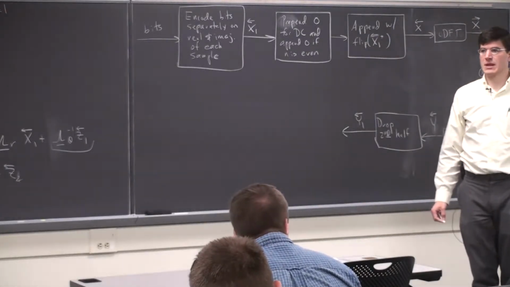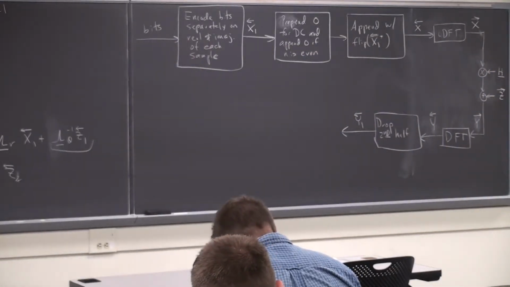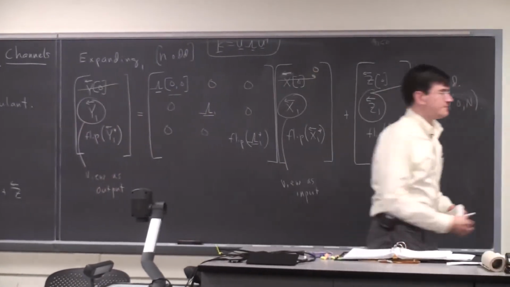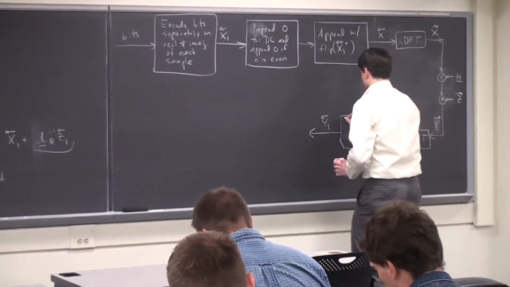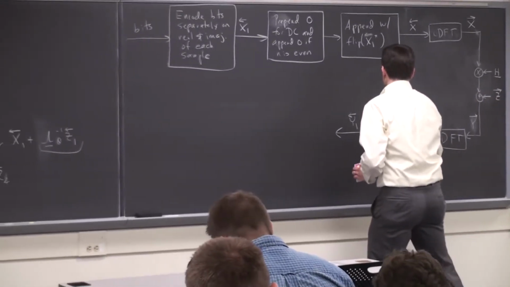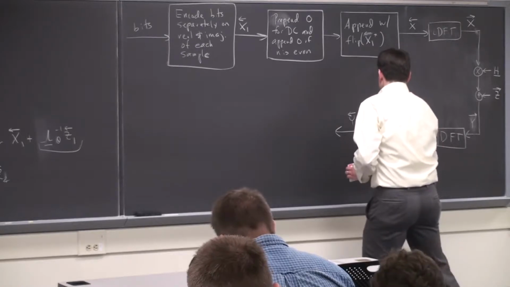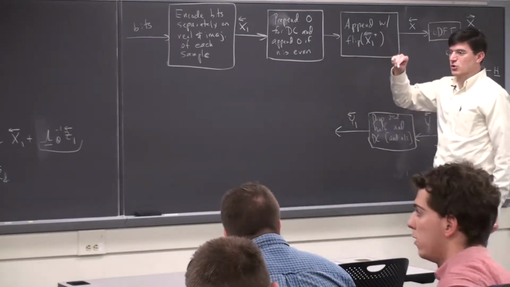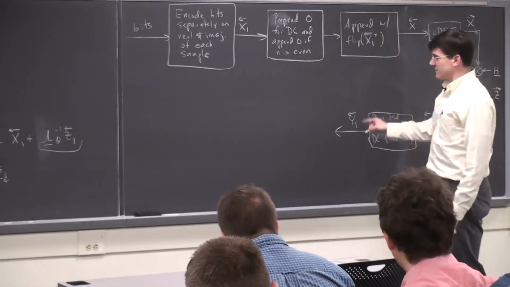Sorry, to get y1 you drop the second half and the DC, so that should really be in here: drop the second half, the DC, and the sample with index n/2 if n is even. The 0 you inserted in here, you drop that too. That gives you y1.